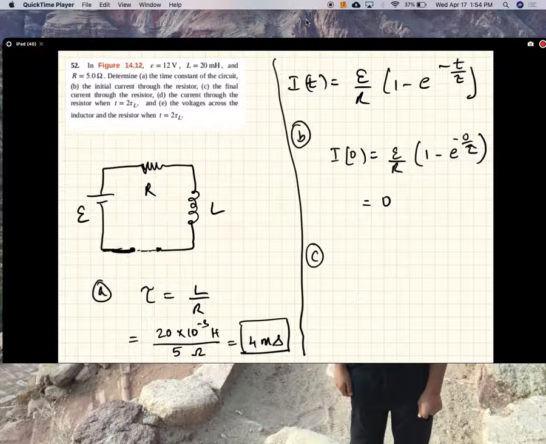Before I do that, if you guys recall from your notes, if you plot this, this is how current looks as a function of time. At initial time the current is 0, and then it goes to its maximum value, E by R, over several time constants.